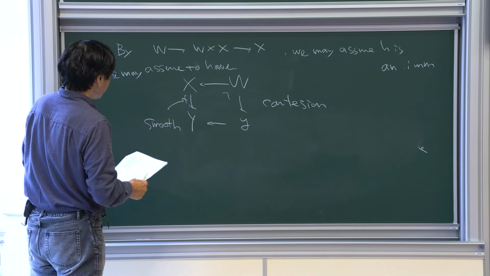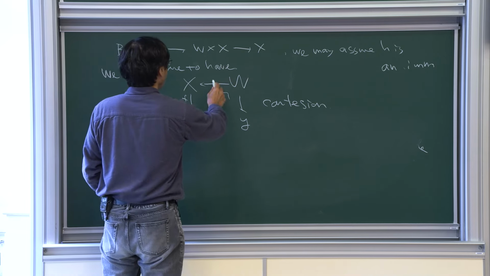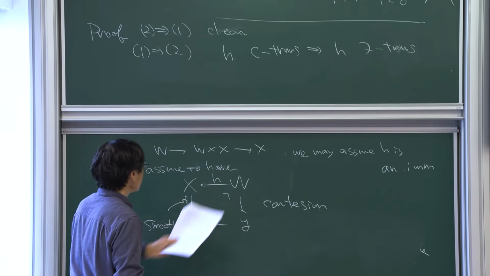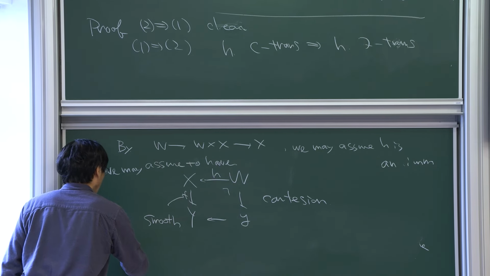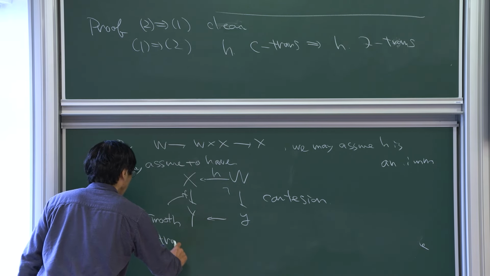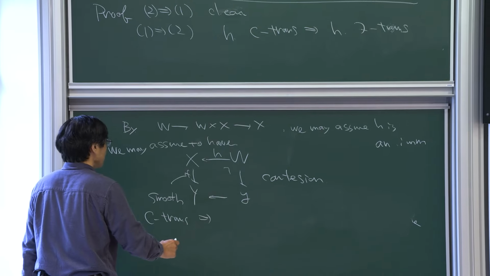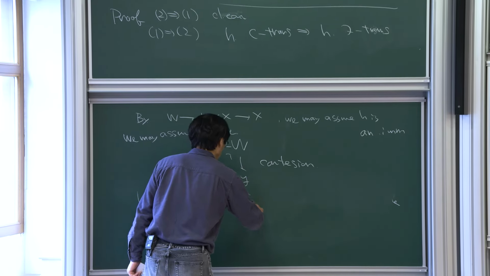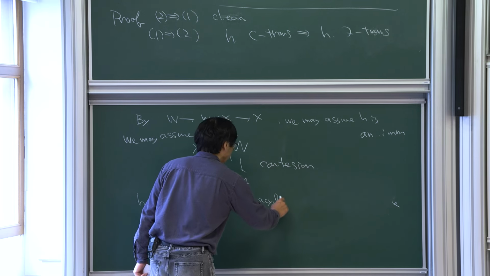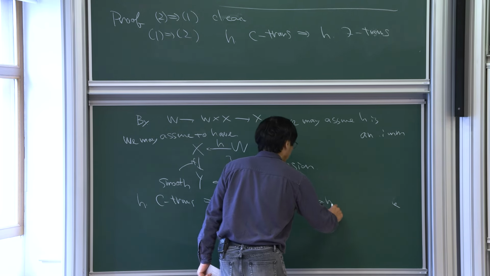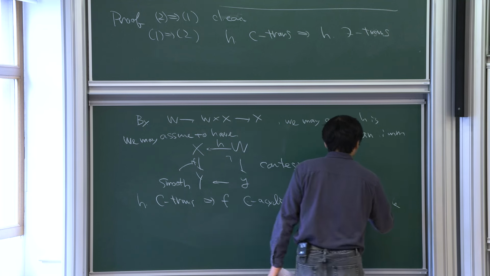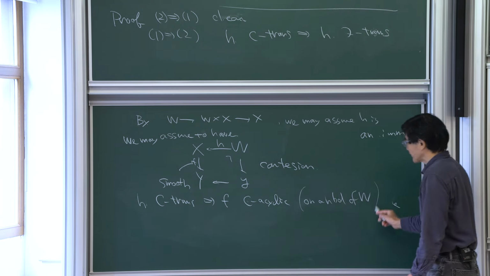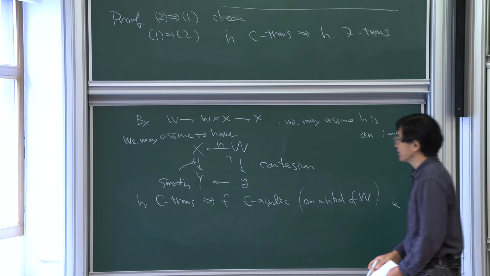Okay, now by this assumption, this h is C transversal. So this means that this map f here is C acyclic on the neighborhood of W. But of course the question is local, so we can forget this.